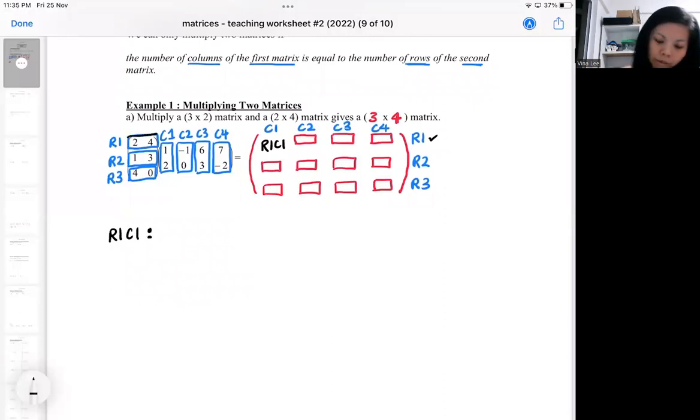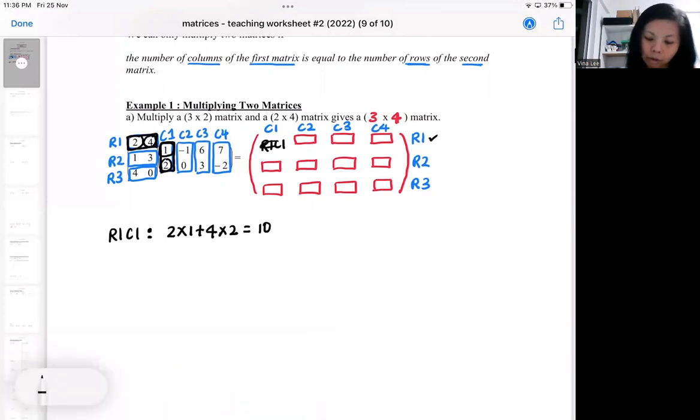You take this row and this column. First number multiplied by the first number, so 2 multiplied by 1, second number multiplied by the second number, and you add them up. In this case, you will get 10. So this first one will be a 10.